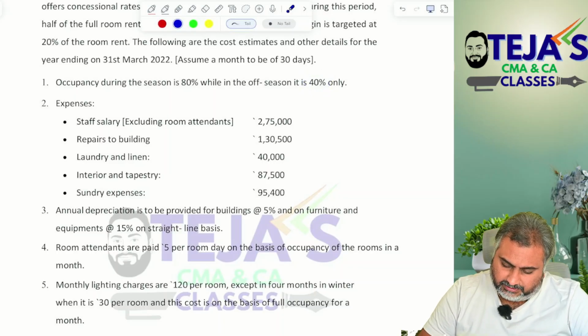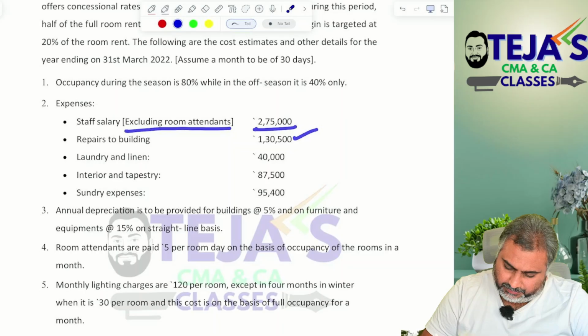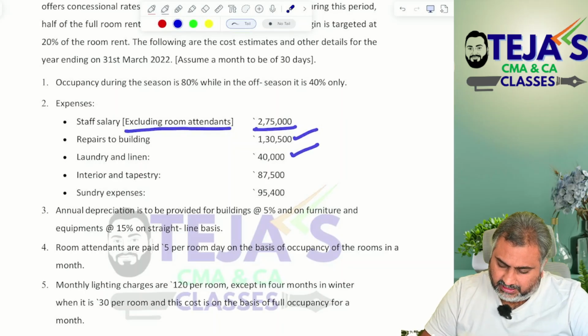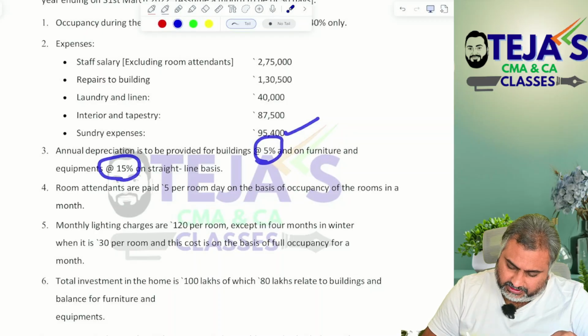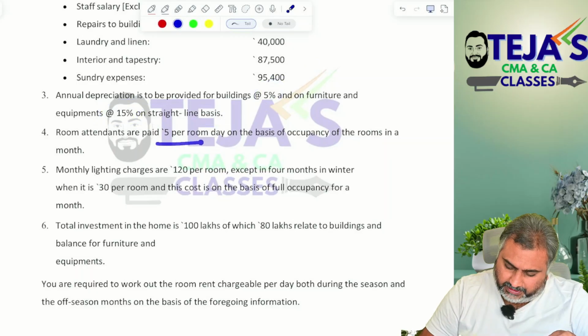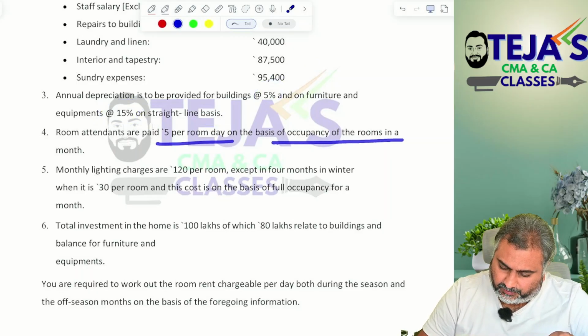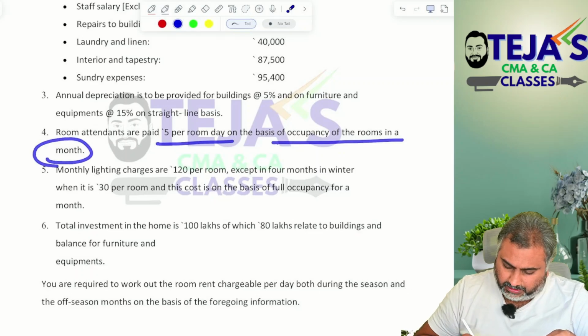Expenses they provided, excluding room attendants: 2,75,000, covering repairs to building, laundry and cleaning, interior and consulting, and sundry expenses. Depreciation on building and furniture is provided on a straight line basis. Room attendants are paid 5 per room day on the basis of occupancy of the room in a month.